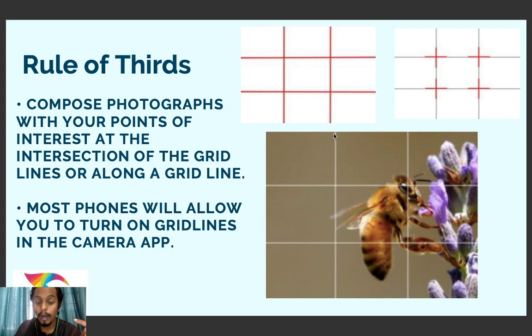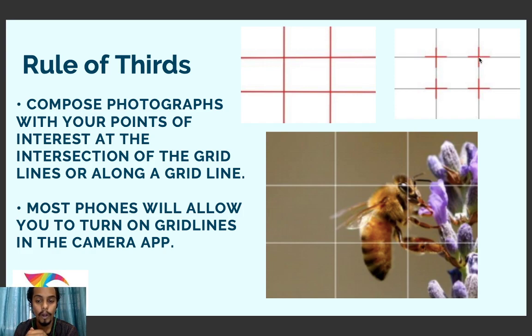Now, if you forget the grid lines for a moment, you can see the intersecting points right here: point 1, point 2, point 3 and point 4. There are 4 points right here. So if your subject is falling on the line of the grid, make sure the main part of your subject is falling on the intersection of these 4 lines.